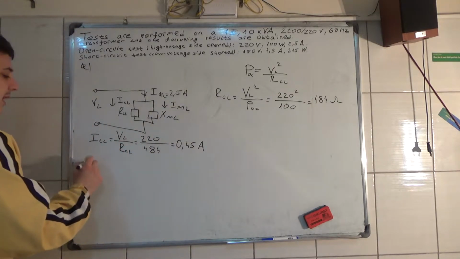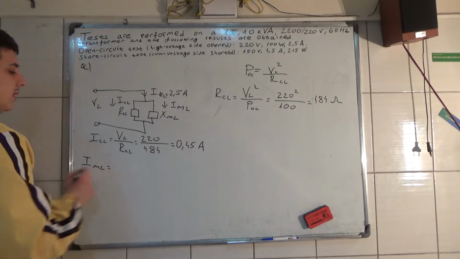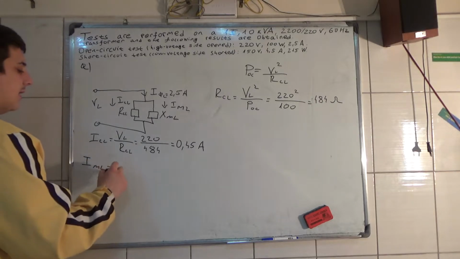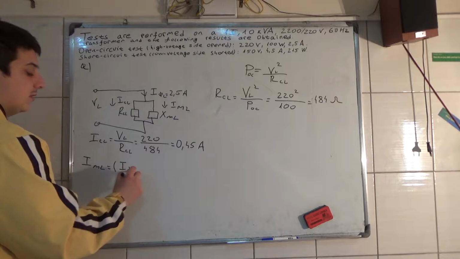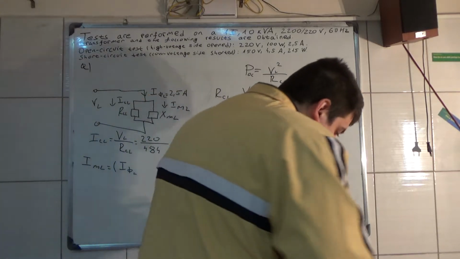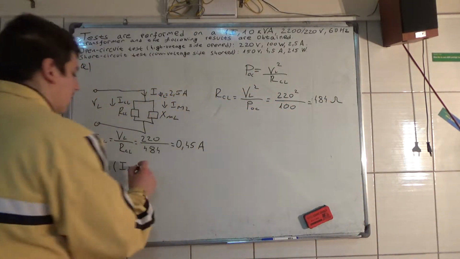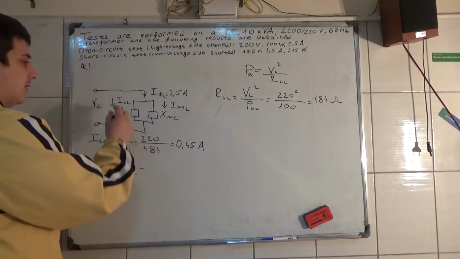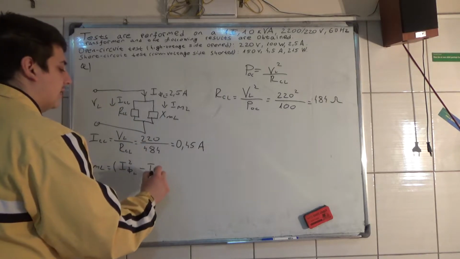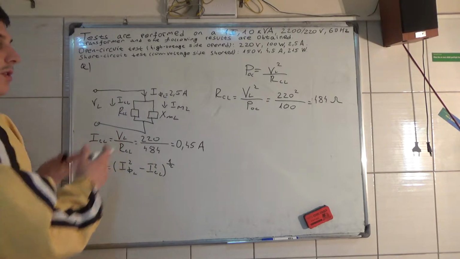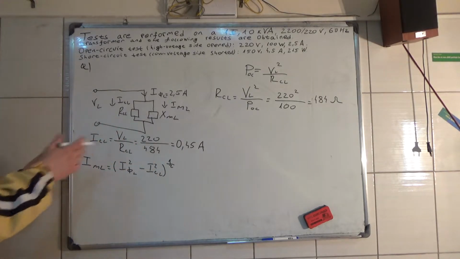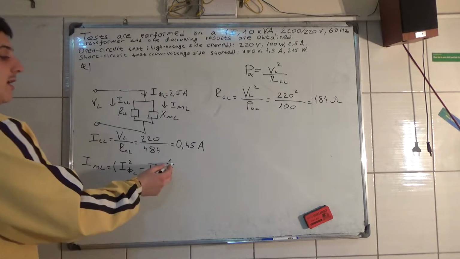Now we can calculate the magnetizing current with Pythagoras' theorem. I showed that in my previous videos. It is equal to the square root of the exciting current squared minus the core loss current squared, or power by 1/2.